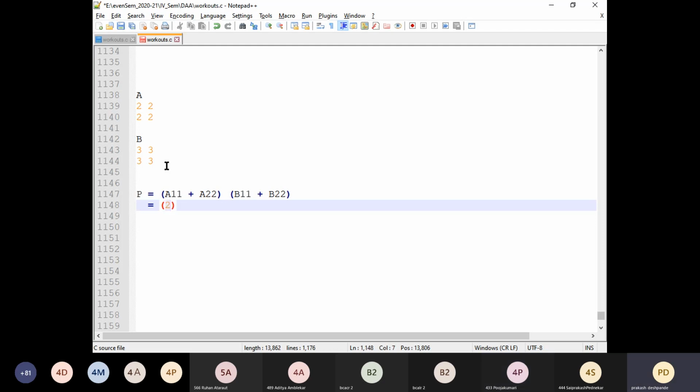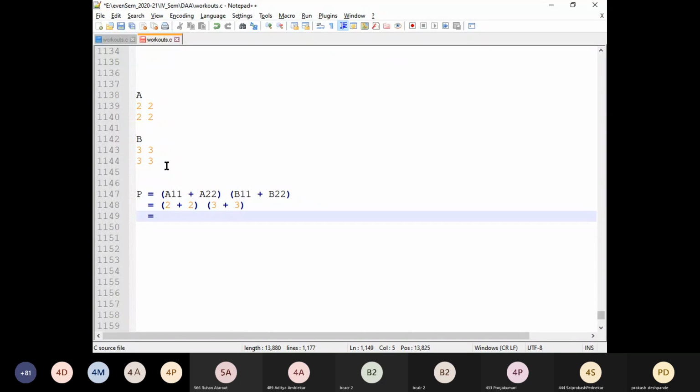A22 is also 2. Then B11 is 3, and B22 is also 3. How much do we get as the final answer here? 24. Very good.